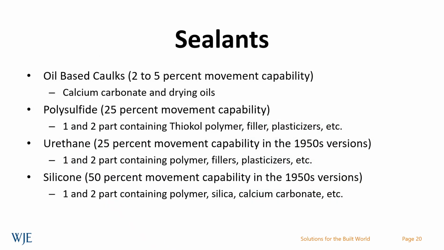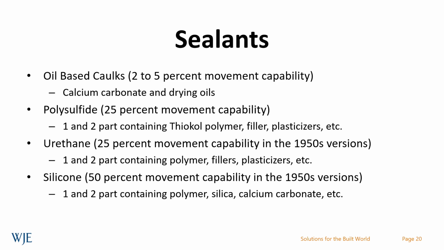One of the byproducts of the Second World War was significant advancement in sealant technologies. Prior to World War II, many of the sealants, or caulks as they were called, often had very little movement capabilities and became hard and brittle over time. Oil-based caulks generally had 2 to 5% movement capabilities.